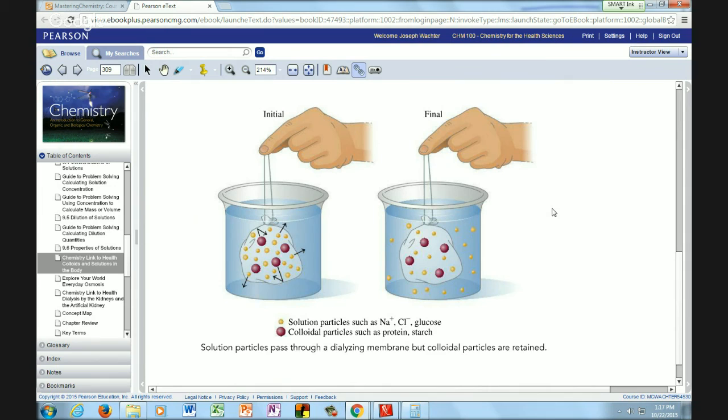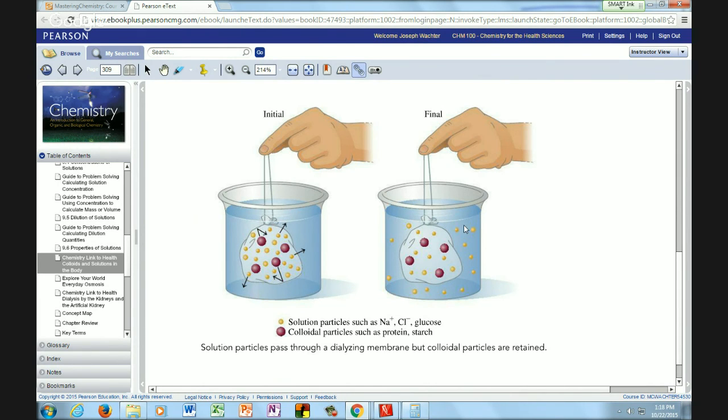And it's the same membrane we talked about in terms of osmosis, but now instead of worrying about the water, let's talk about how the solution particles can pass through this membrane. So the passing of water molecules is called osmosis. The passing of solution particles is called dialysis. Both of these things are happening in these systems. It's just which one are you going to focus on, which one do you care about?